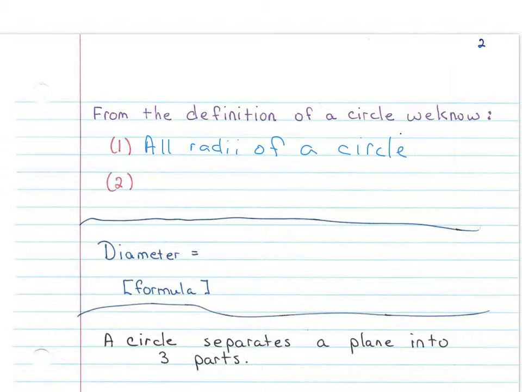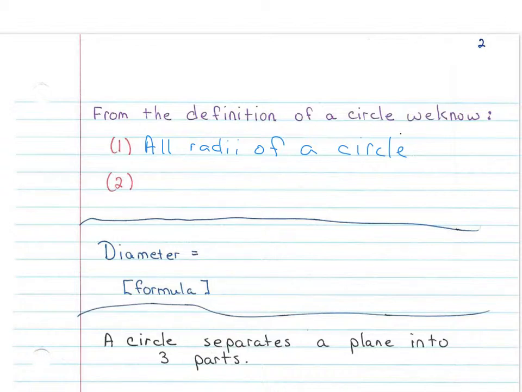Okay, what would we call that given distance? What do you think we'd call the given distance if it's from a fixed point, the center? The radius. So what can you conclude about the radii of a circle? Cameron?